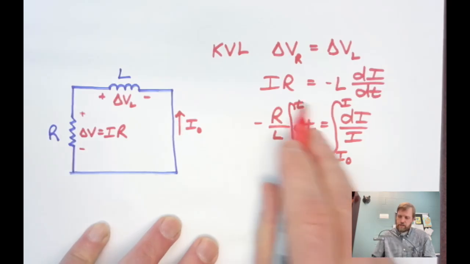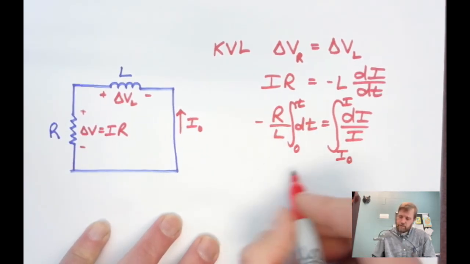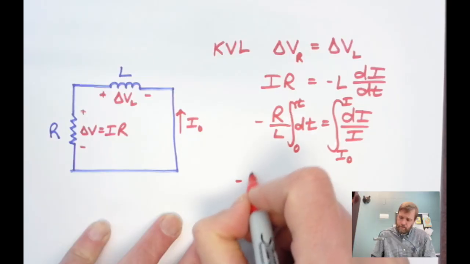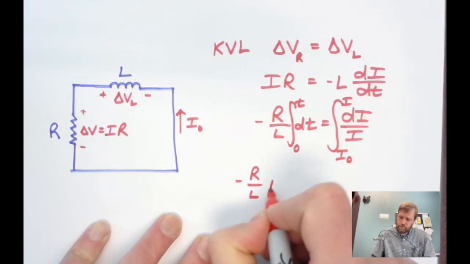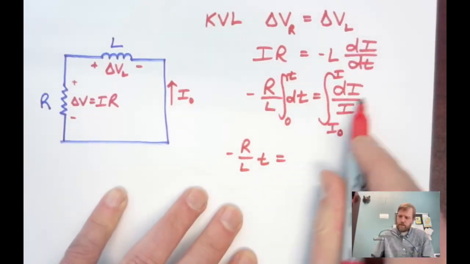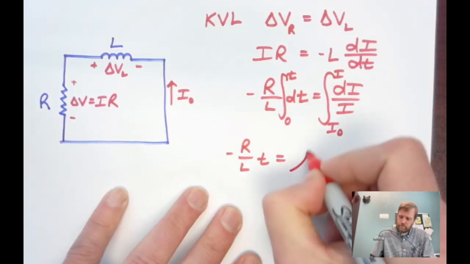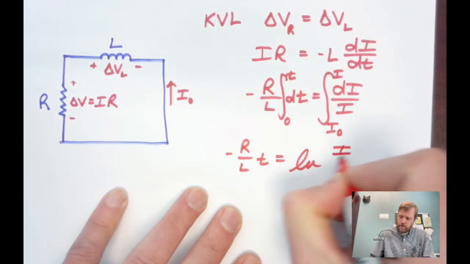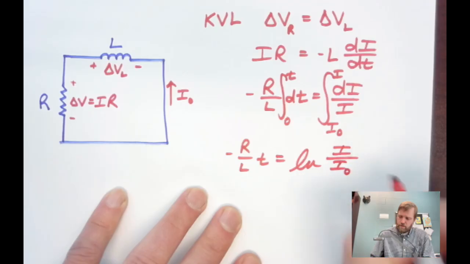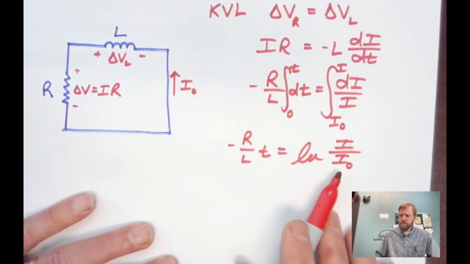This left integral, the integral of dt, is just t. So we get negative R over L times t. And this equals, on the right side, the natural log of I over I naught. Usually we don't see it cast in this way.